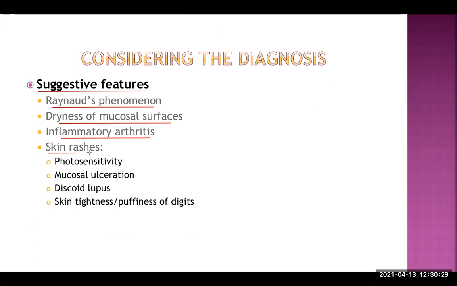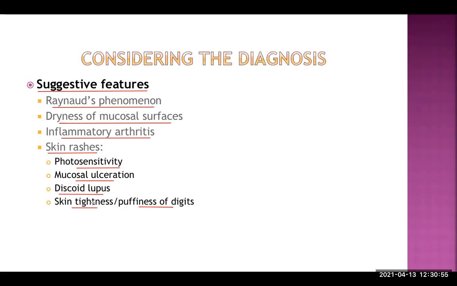And there may be different types of skin rashes, like photosensitivity rash. There may be mucosal ulceration. There may be discoid lupus, disc-shaped rashes, which are present in SLE. There may be tightness of the skin and puffiness of the digits.